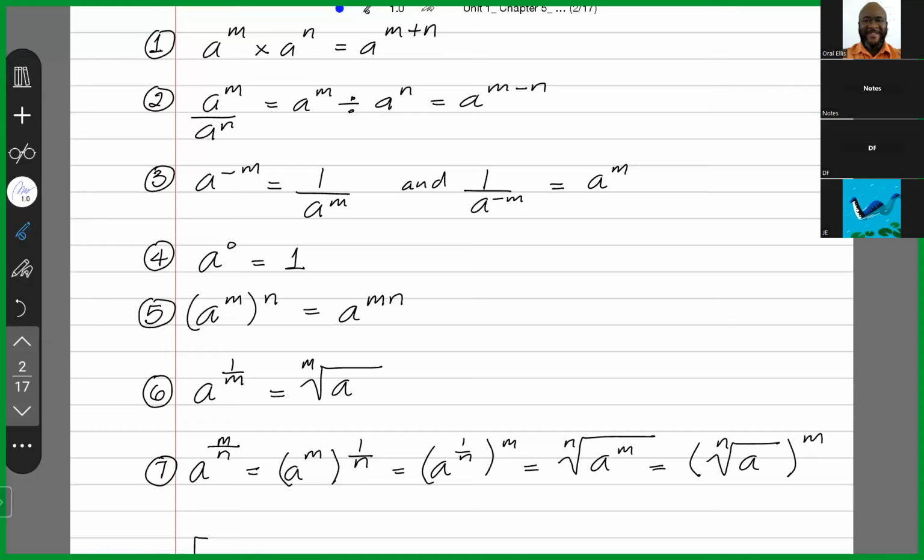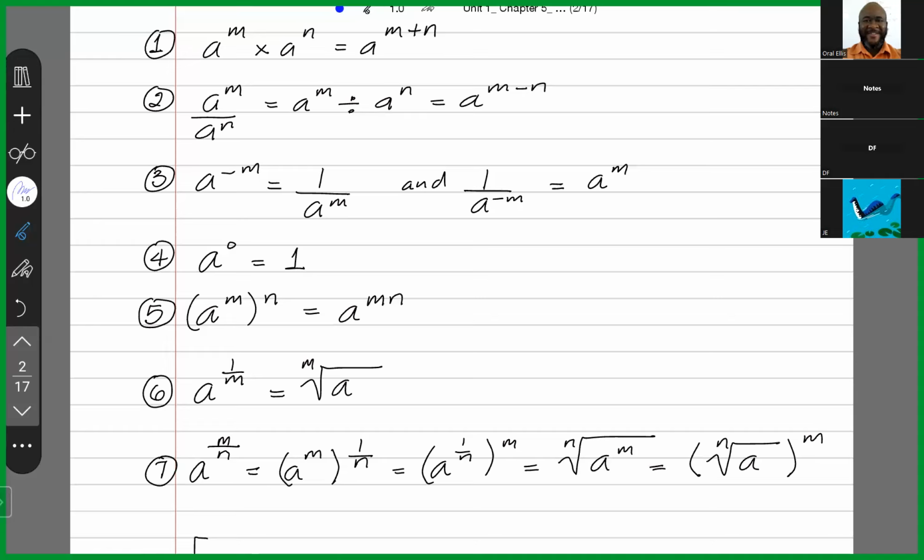Law number 6, fractional index, a raised to the 1 over m, m being the denominator, is the same as saying the m-th root of a. So whenever you have a base raised to a fractional index, the numerator is the power and the denominator is the root.